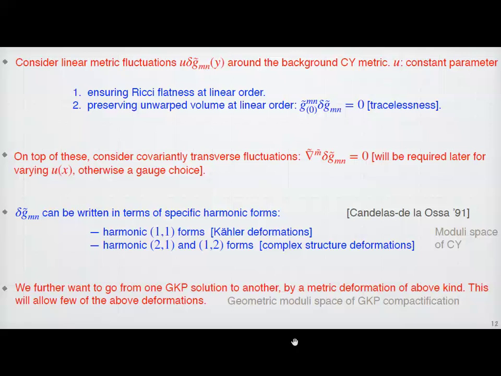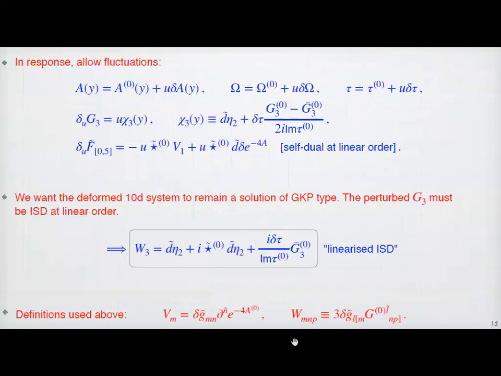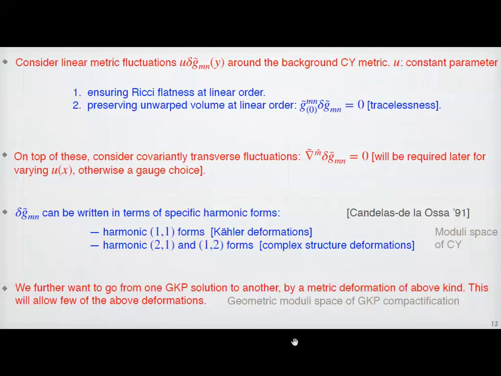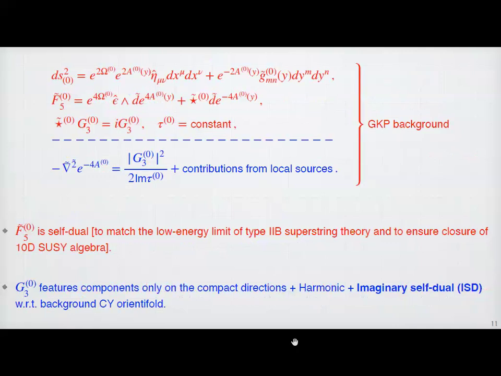Once you deform by these, you also in response have to fluctuate the warp factor, the Y factor, and the axiodilaton. Okay, I should also say something about the Y factor. As far as the equations of motion go, the Y factor is a constant, it can be anything, but it can be chosen so that the 4D Einstein frame is properly normalized. It's a choice. I could have written a formula for what we are taking, but it's in the paper.